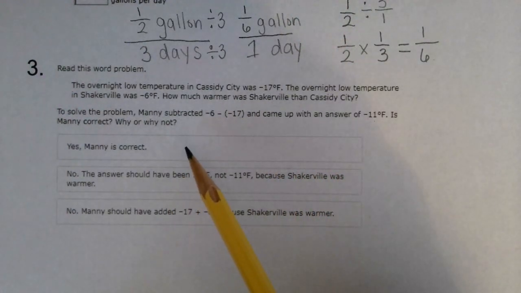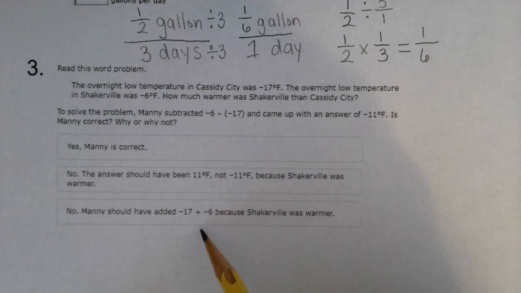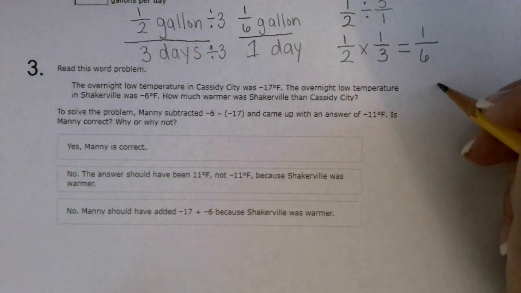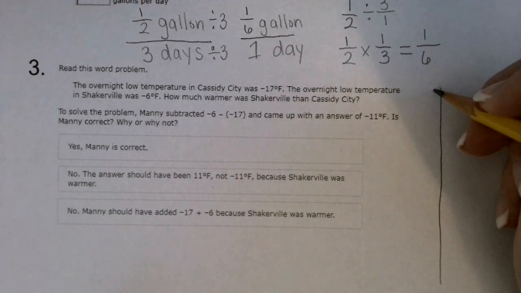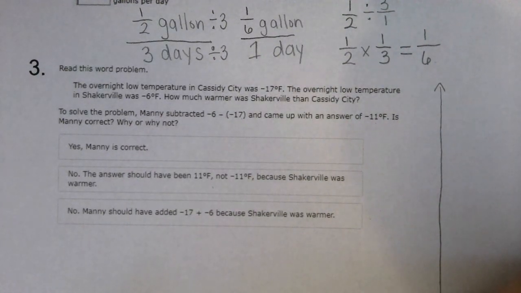So then we've got our 3 choices. Yes, he's correct. No, the answer should have been 11 degrees Fahrenheit, not negative 11, because Shakersville was warmer. Or no, Manny should have added negative 17 plus negative 6 degrees because Shakersville was warmer. So when you think about this, a thermometer is just like a number line.